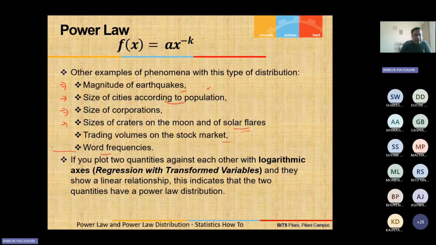So every real-time scenario, every activity exhibits that law. So if you are converting that into a graph, then the graph should also have the power law in it.